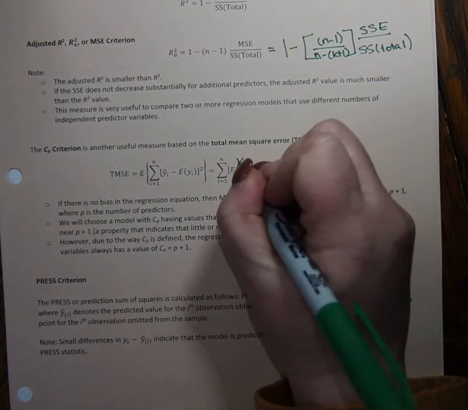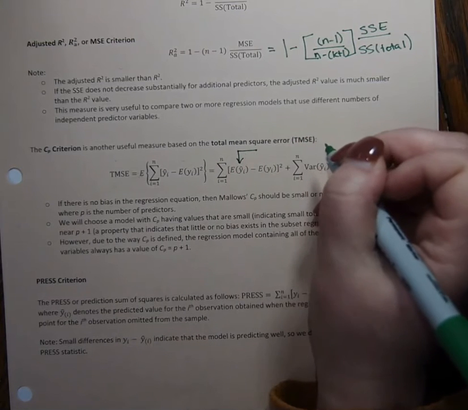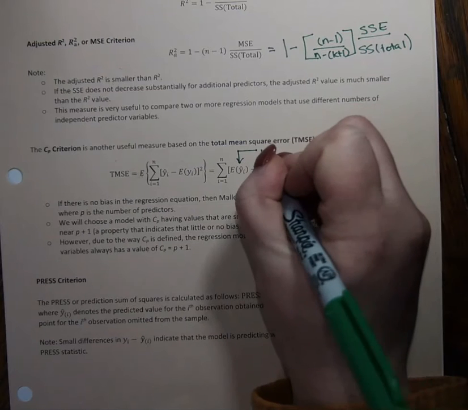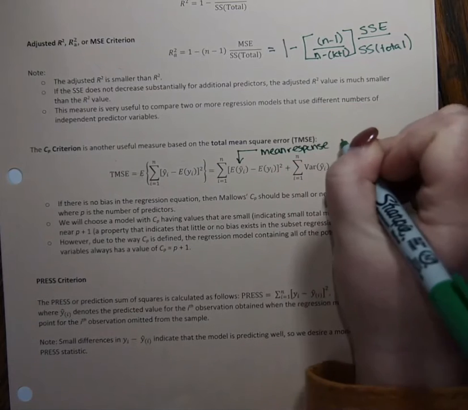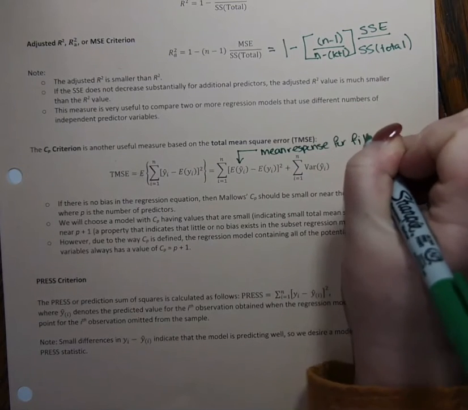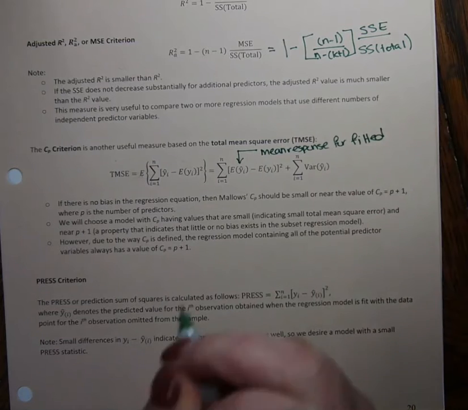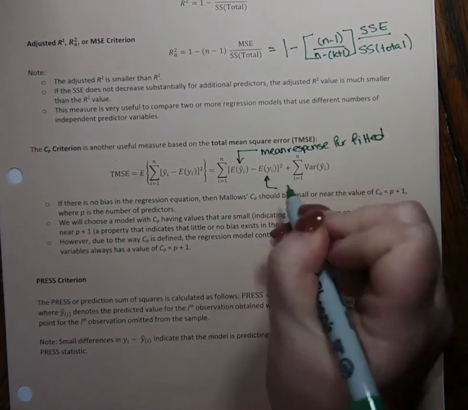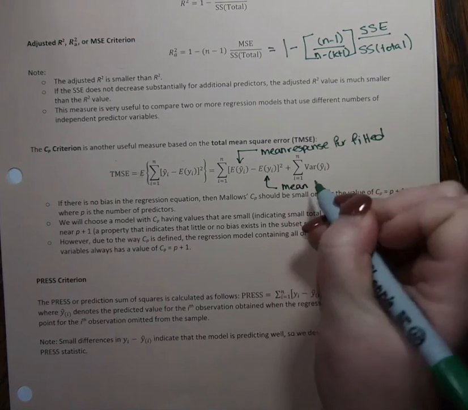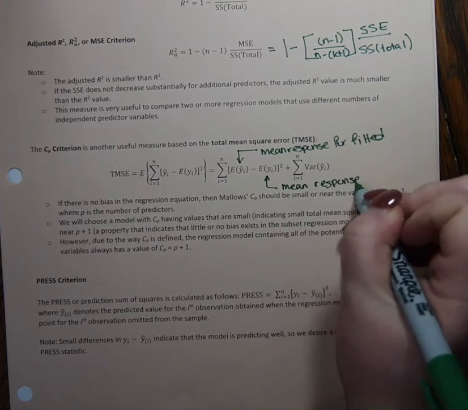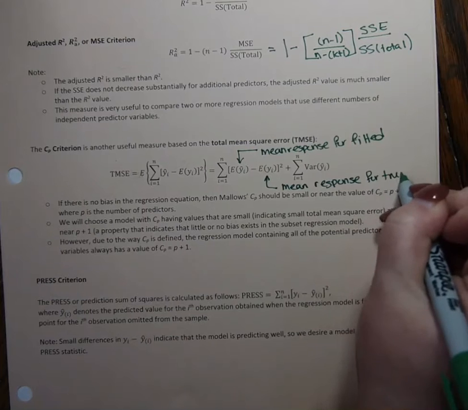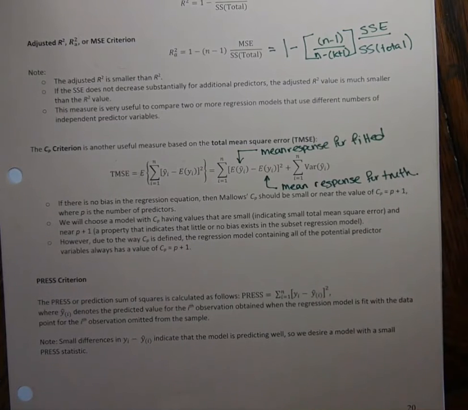This piece right here is the mean response for the fitted model. And if we look at this piece right here, this is the mean response for the truth. You can see we're looking at a measurement of the difference between those two.